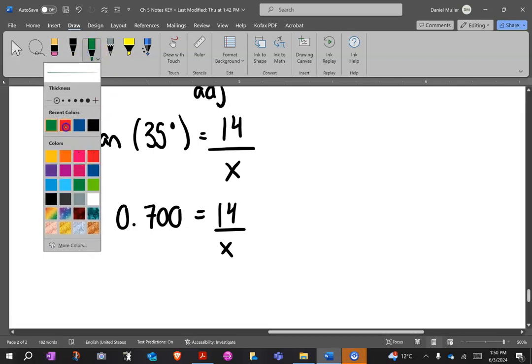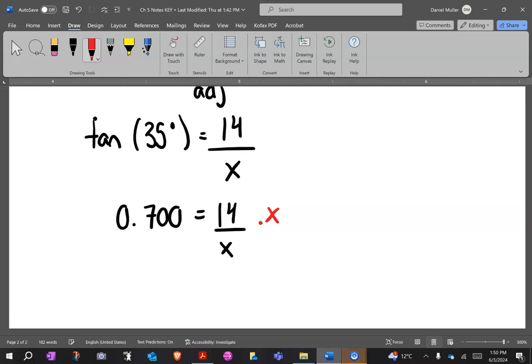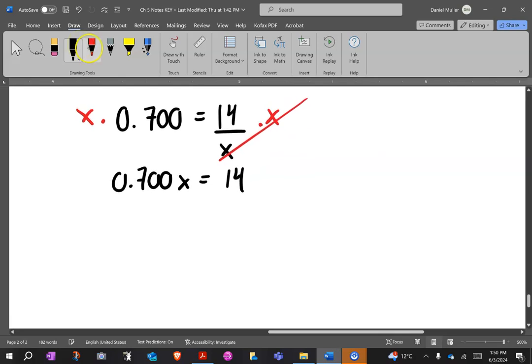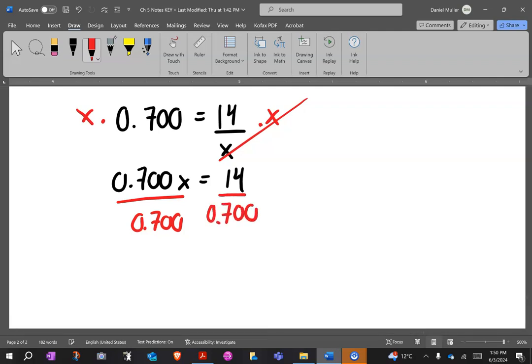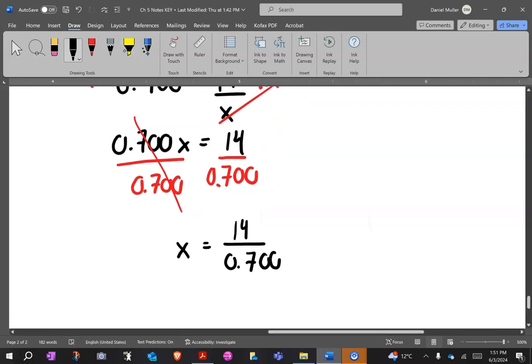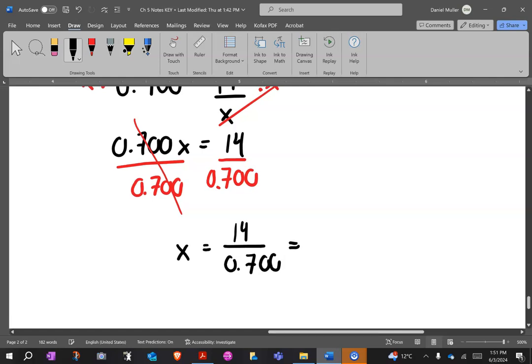Now we don't like x on the denominator, so I'm going to multiply both sides by x. That's going to remove it from the right and put it on the left. So I have 0.700 times x on the left, and on the right is just 14. So now to get the x alone, I can divide by 0.700. So those are gone. So I get this weird thing, which is 14 over 0.700. Now, whenever you're dividing by decimals, you can move the decimal over as long as you do the same thing on the numerator and the denominator.